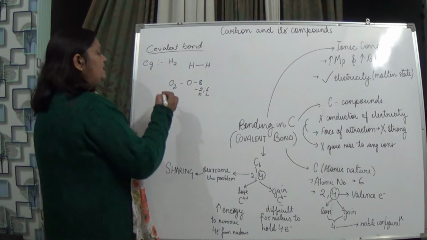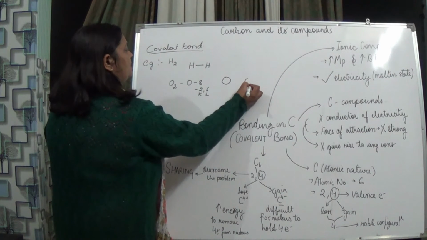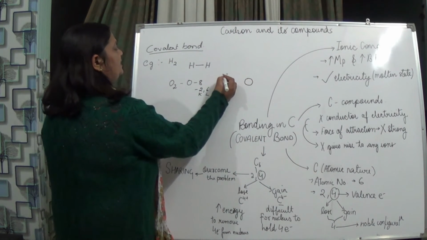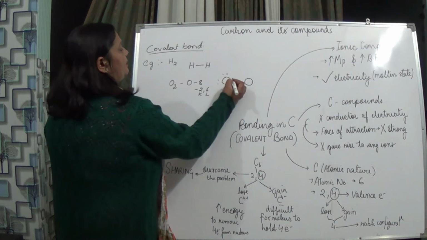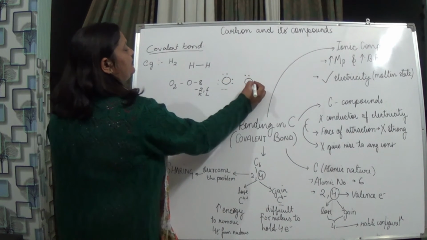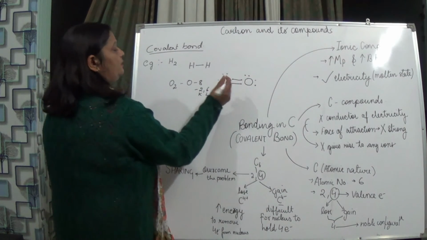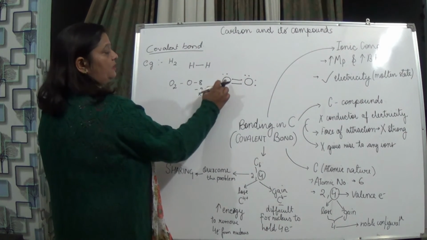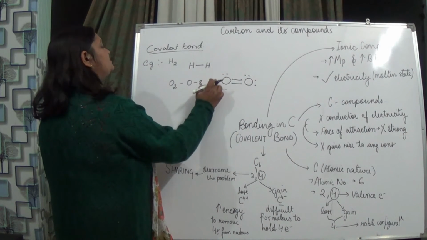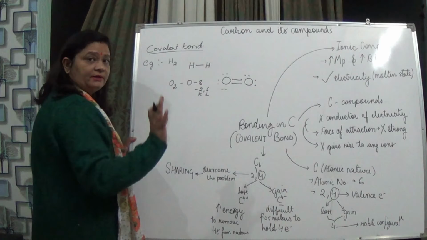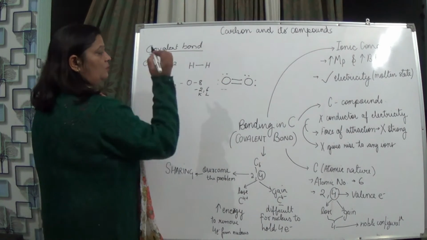Taking only the valence electrons in the Lewis dot structure, it is making a double bond to complete its octet. You can count the electrons over here, whether the octet is complete or not. 1, 2, 3, 4, 5, 6, 7, 8 complete. Here also 8 complete. So the earlier one is a single covalent bond, and this is a double covalent bond.